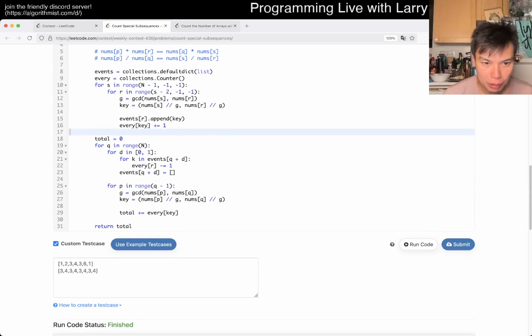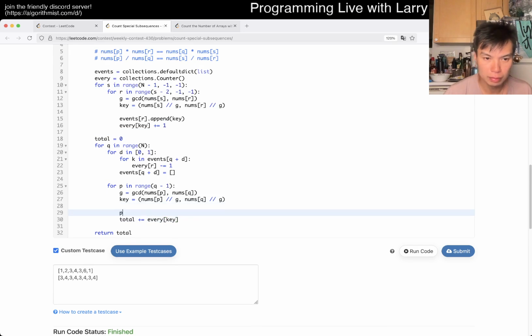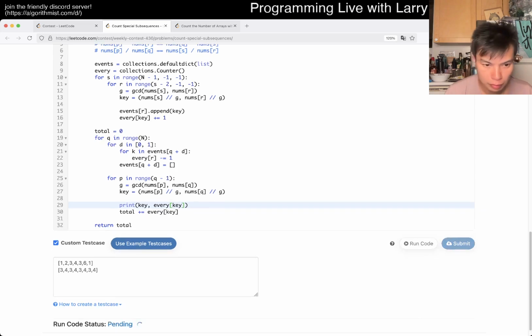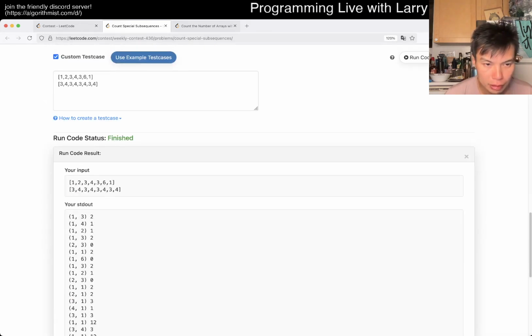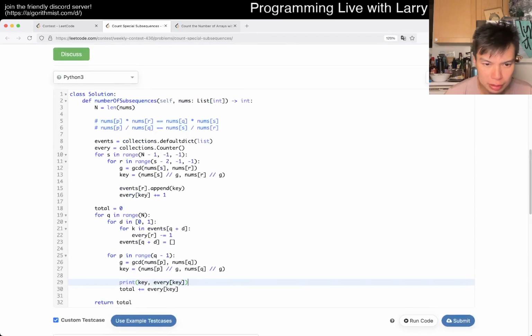So then why is this part wrong? Okay, 1, 3. You have 2 things. 3, 1. And that's it, right? Why would there be 2 things?